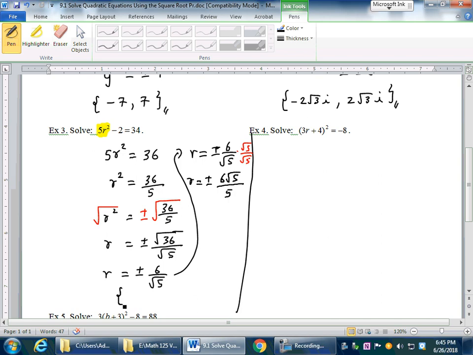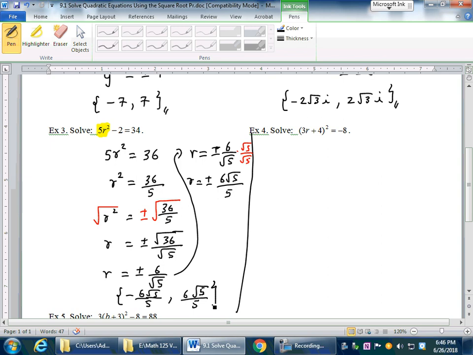So now I got my answer, which is negative 6 square root of 5 over 5, and positive 6 square root of 5 over 5. And that will be my final answer.